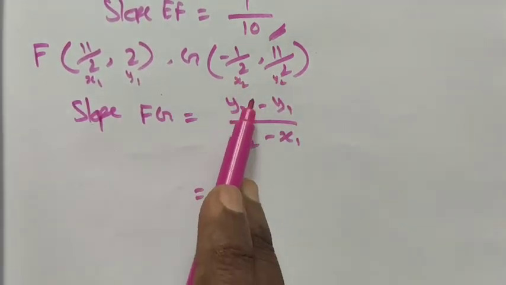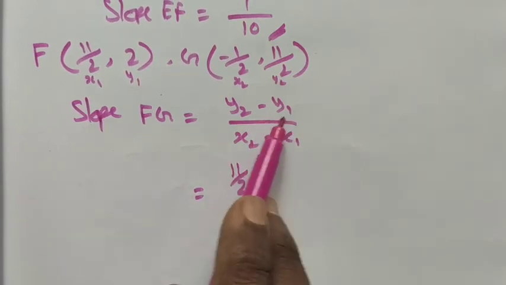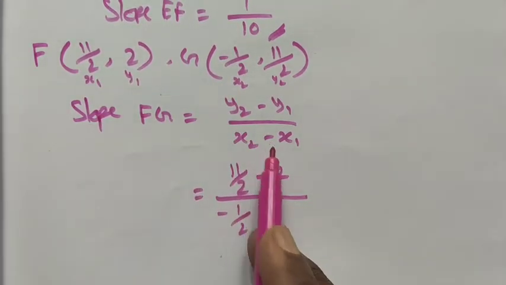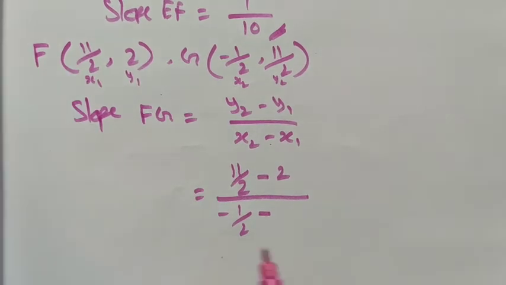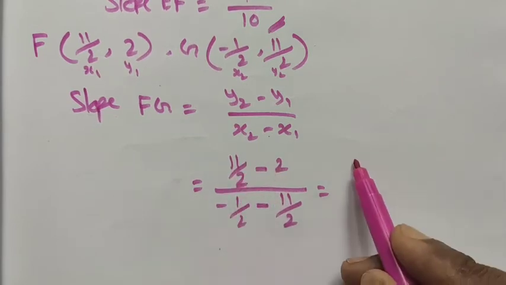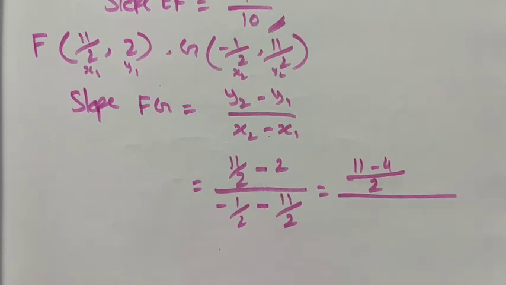Now apply the values. y2 is 11 divided by 2, minus y1, which is 2. x2 is minus 1 by 2, minus x1, which is 11 divided by 2. Now substitute this. If you take the LCM for the numerator, 2 2s are 4, so we get 11 minus 4 divided by 2. Then, when the denominators are equal, we can add or subtract the numerators: minus 1 minus 11 divided by 2.